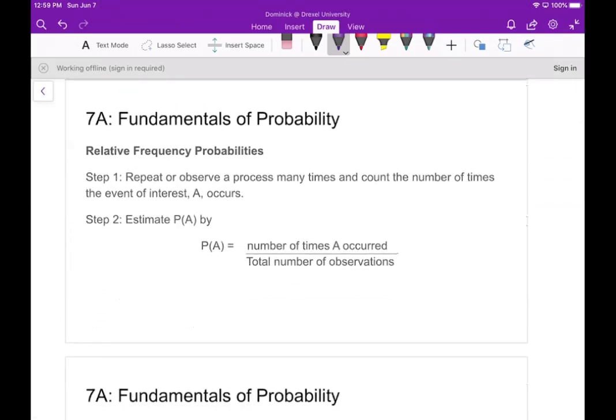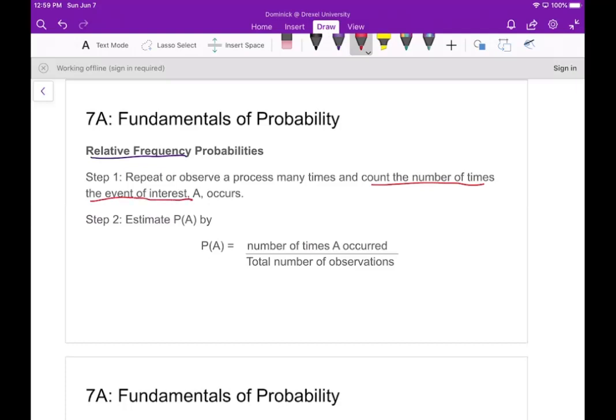Now, the next type of probability that we're going to talk about is what's called relative frequency probability. Now, the first thing that we do for relative frequency is we either repeat or observe some process many times, and we count the number of times that the event of interest occurred, right?